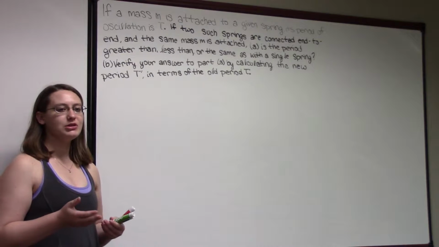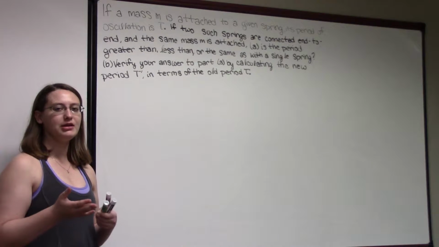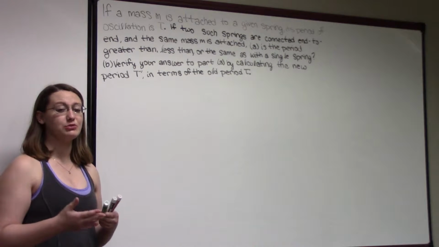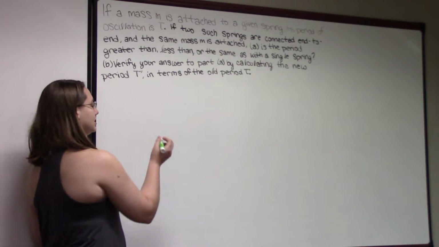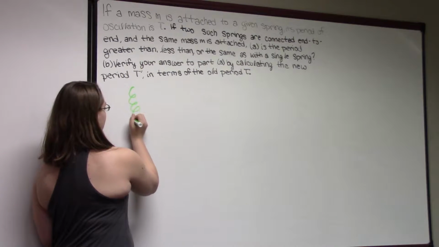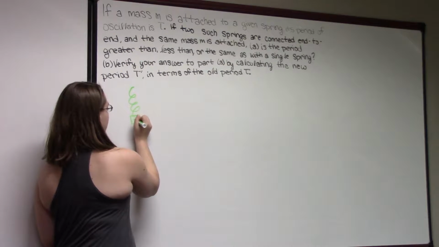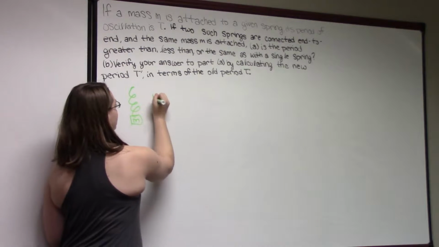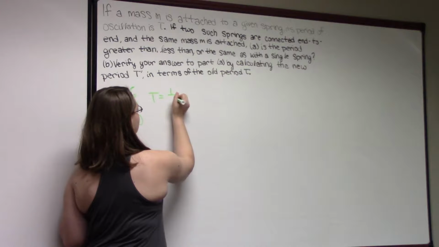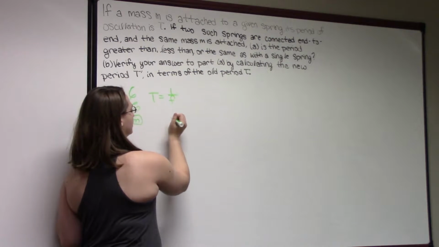So this question is asking about the period of a spring and then how that changes when we have springs in series. So initially we have some spring with a mass m attached. And that period is, well, period in general is 1 over the frequency.